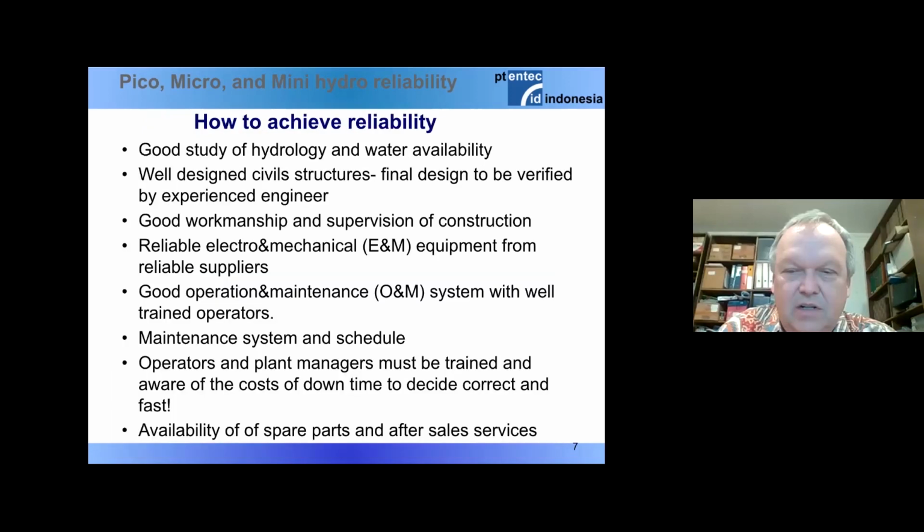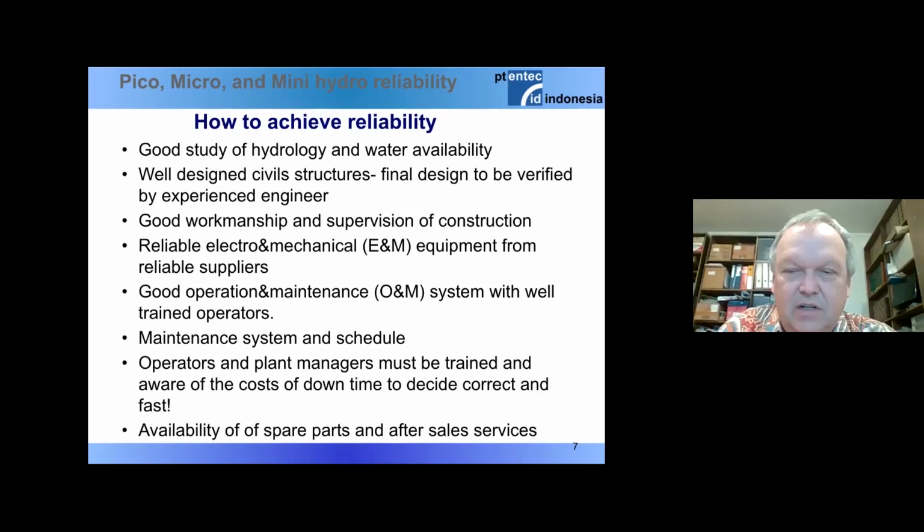How to get reliability? It starts with a good study of hydrology and water availability. As our friends before said, the catchment area is also extremely important to be protected so that the water is available in good quality and floods, rubble and stones and so on are not entering our civil structures.